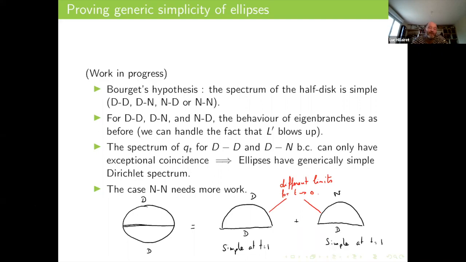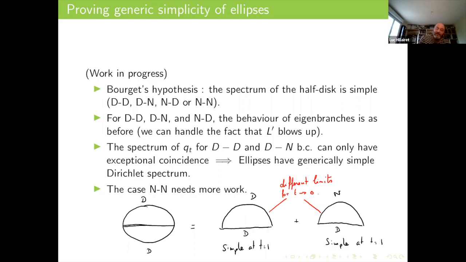But for Dirichlet, if you have at least one side that is Dirichlet, then you can first prove an estimate that tells you that the corresponding eigenfunctions will have small mass near the place where L prime blows up. So you can get rid of this part and construct your quasi-mode that will give you the contradiction in the end.